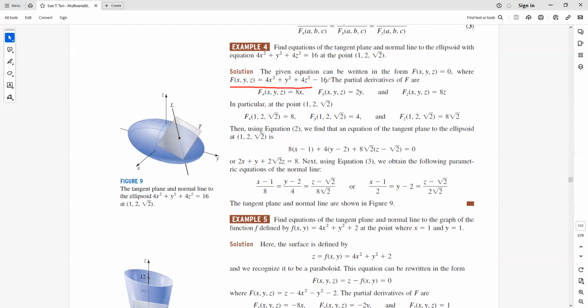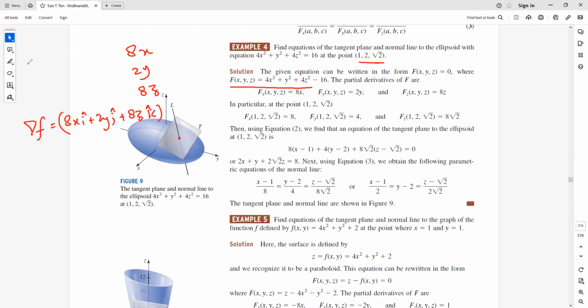Therefore, the partial of this function with respect to x is 8x, with respect to y is 2y, and with respect to z is 8z, right? Now, this is the gradient vector, that is 8x i plus 2y j plus 8z k. But we are interested in finding the gradient at this particular point that is given, 1 comma 2 comma square root of 2. So we need to plug in these points.